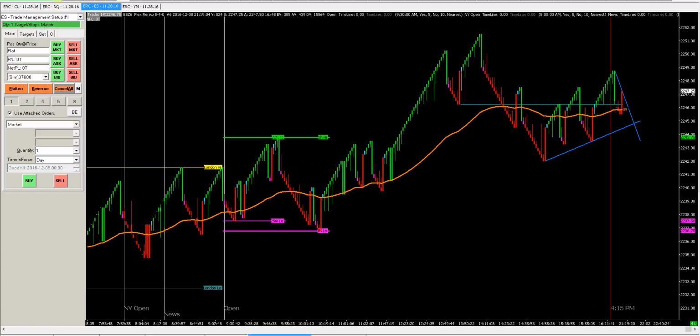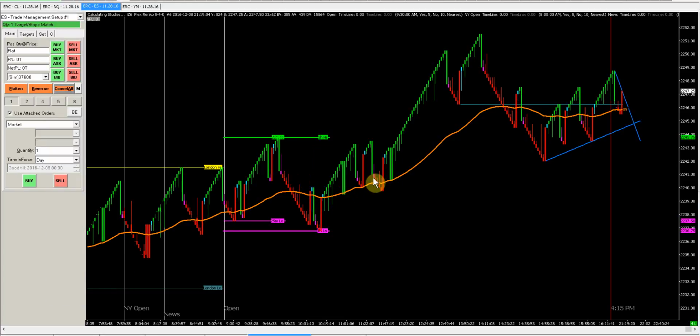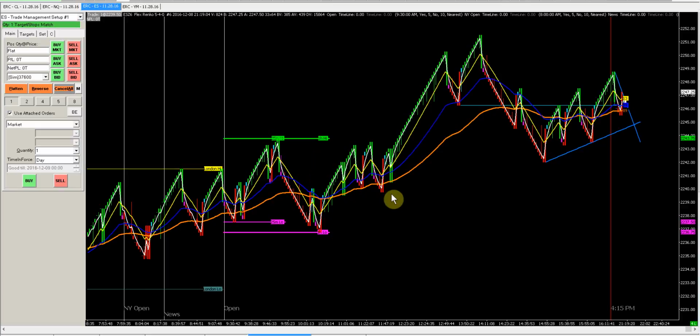I have another moving average that I use, and it's multiple moving averages. It's a 5, a 13, and a 39 EMA. And when those moving averages tend to cluster and cross, the market will tend to move.